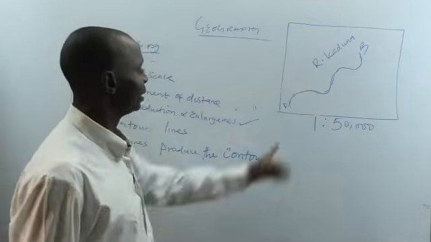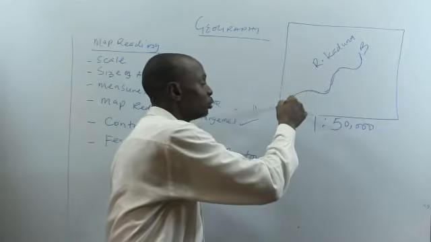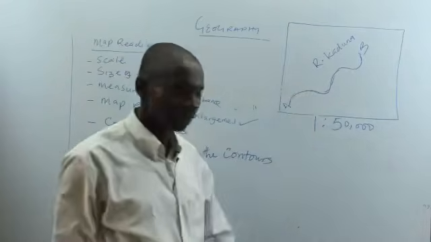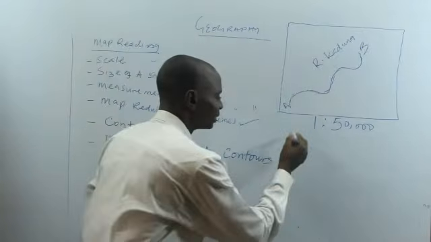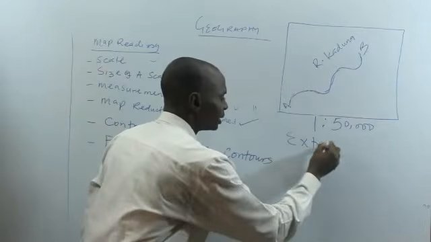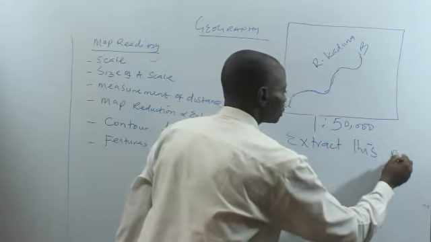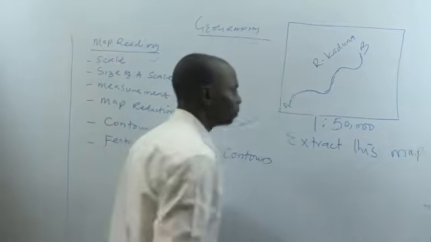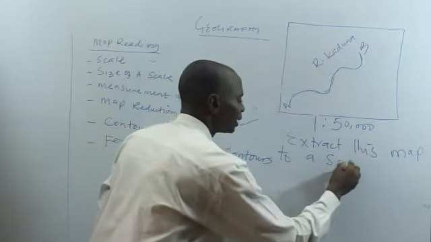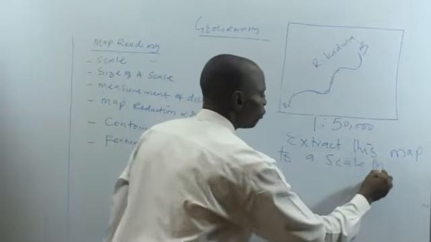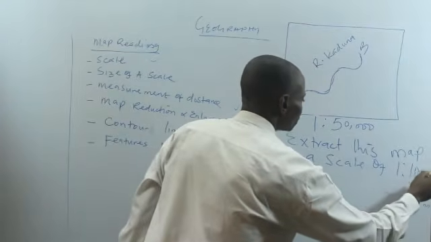For instance, this is a river, River Kaduna, between point A and point B. They will ask you, now extract this map to a scale of 1:100,000.